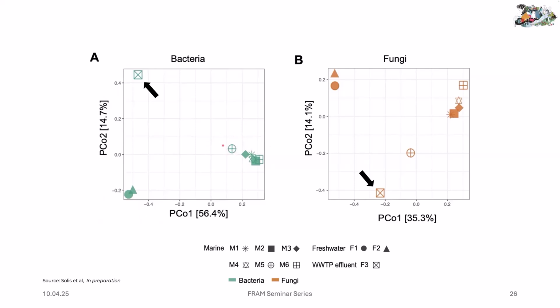And again, very similar to the pattern of the community composition, the marine site M5 here is becoming quite dissimilar to the other marine sites. And a very similar pattern is observed for the fungi group, where you can clearly see how the marine site M5 actually is becoming quite similar to the wastewater treatment plant effluent.